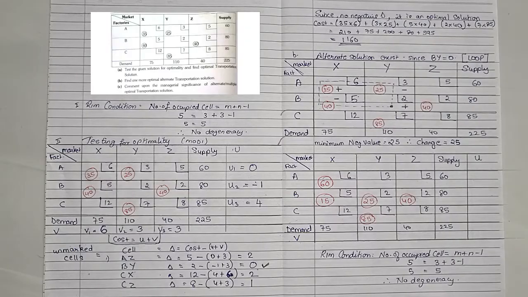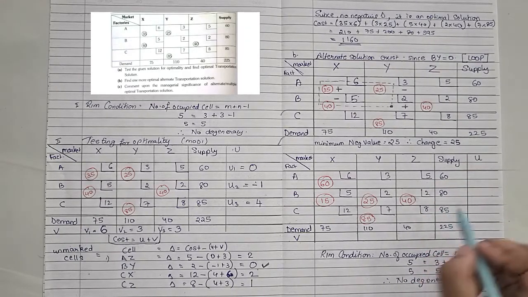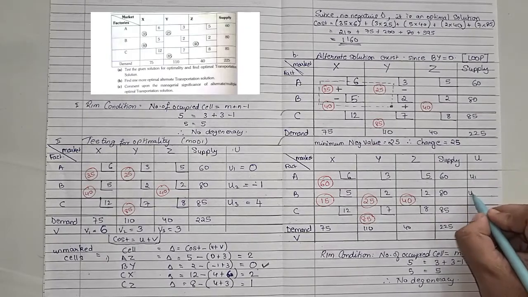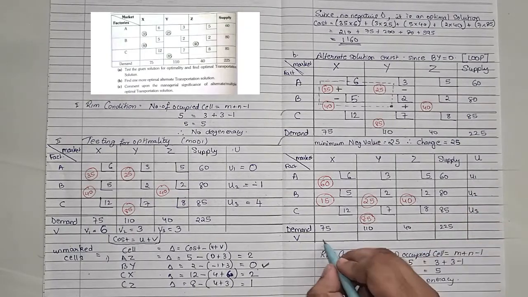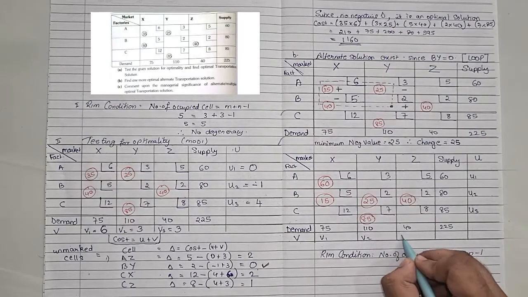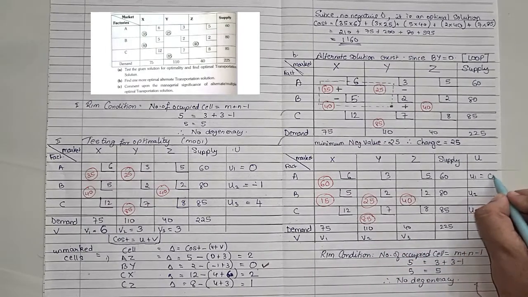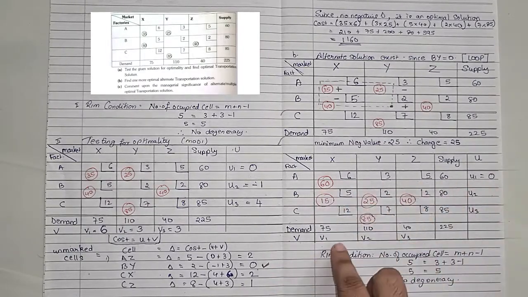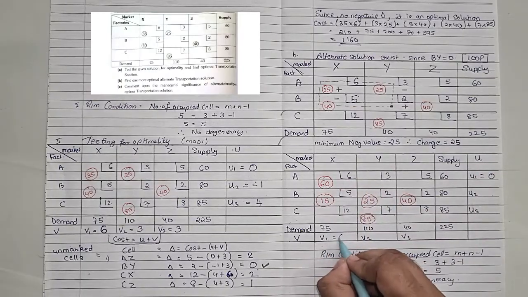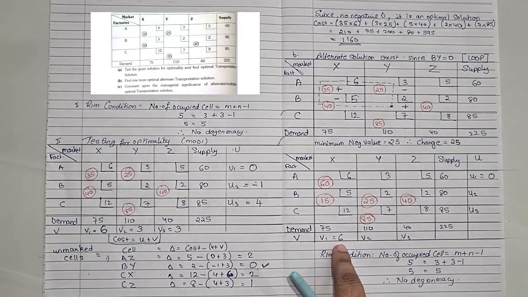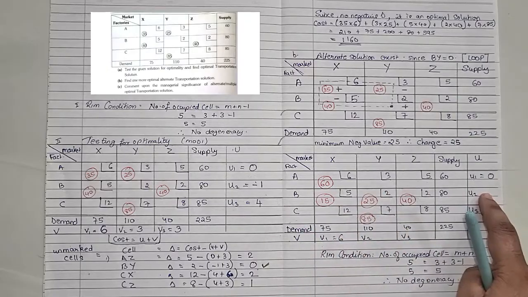Since there is no degeneracy, we can find the optimality. We can start with the optimality part. So we need U1, U2 and U3, V1, V2, V3. U1 will always be 0. With the help of this I can find V1. So 6 minus 0 is 6. Since V1 is 6, I can find the value of U2.